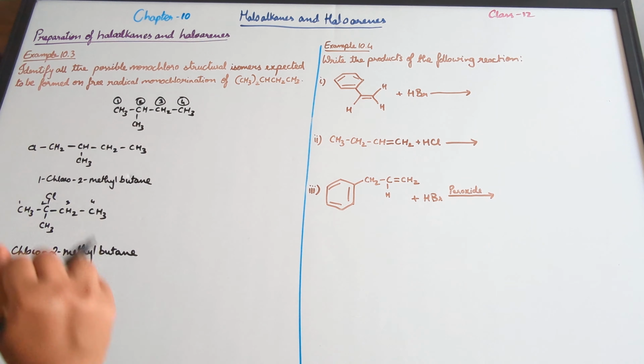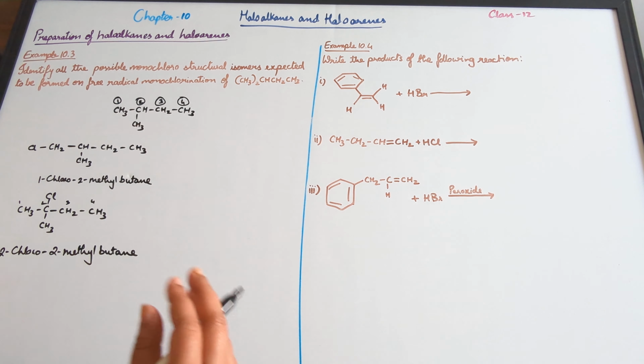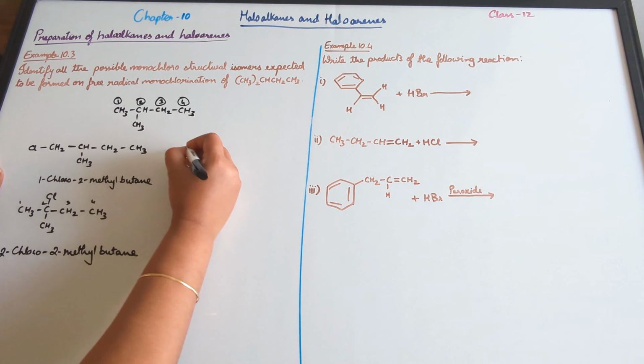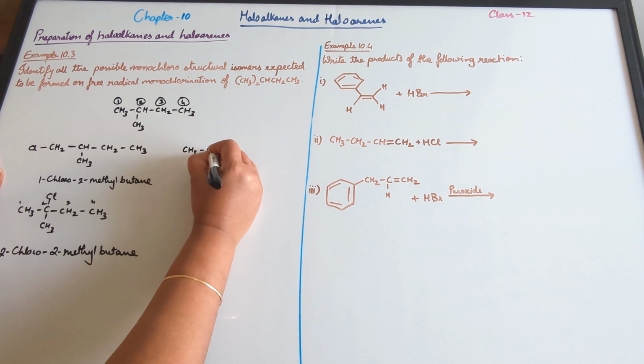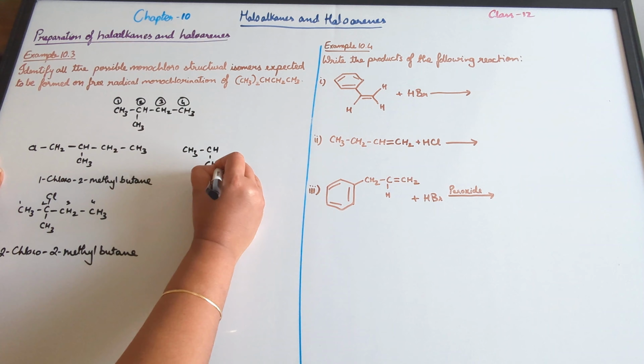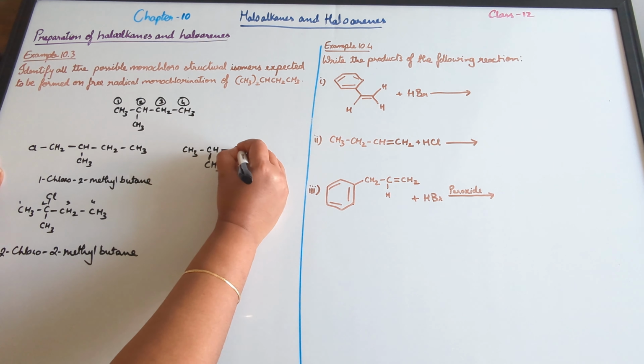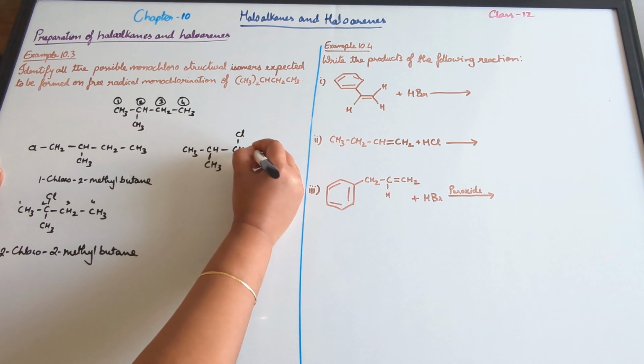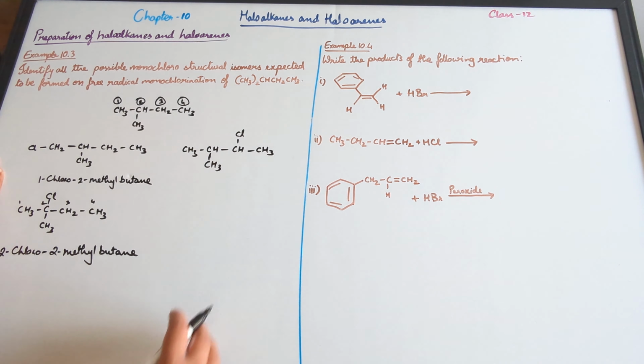Next, you have the third carbon atom. One of the hydrogen atoms is getting replaced by a chlorine atom. So CH3, CH, CH3, CHCl, CH3.